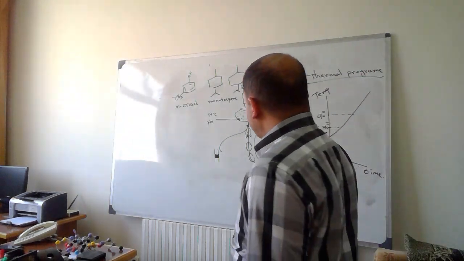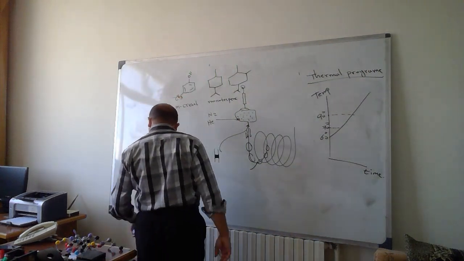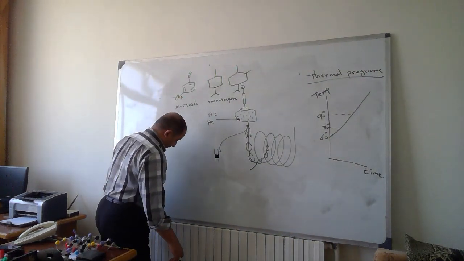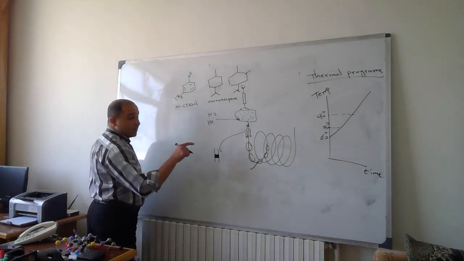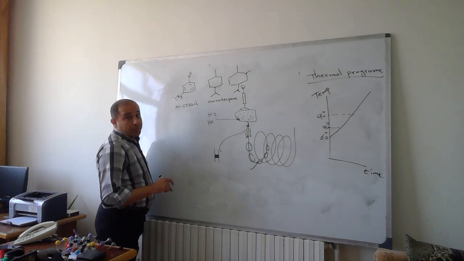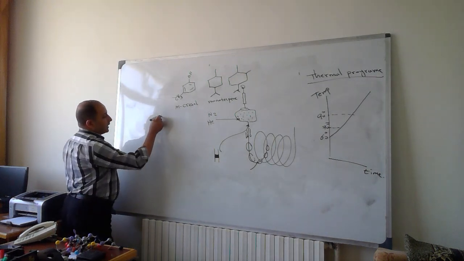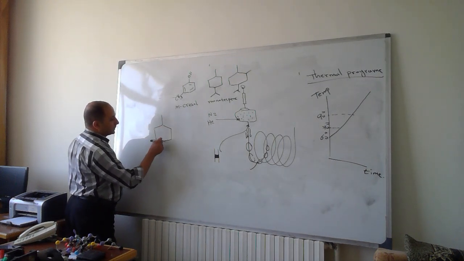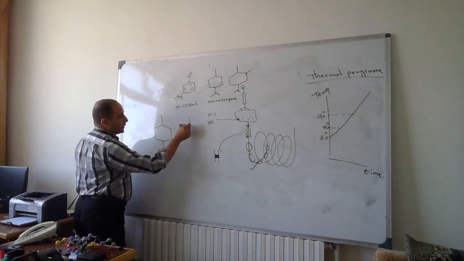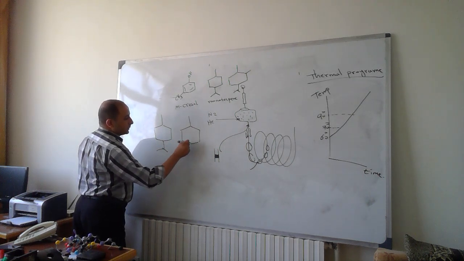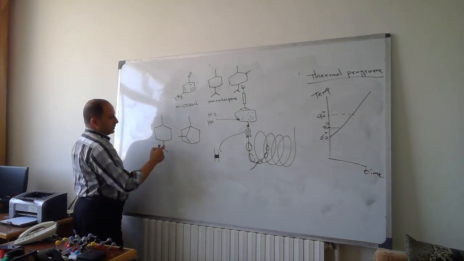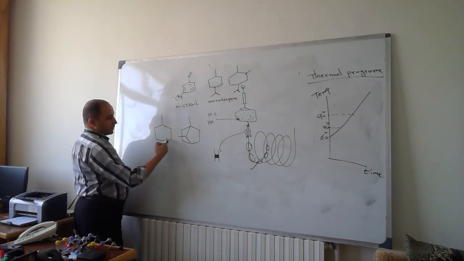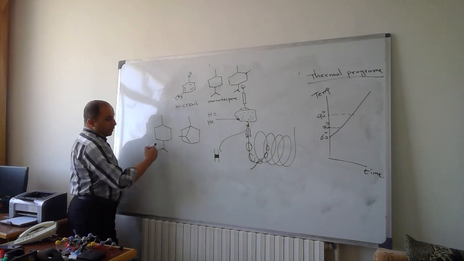And also, if we have two compounds very similar in terms of volatility and in terms of log P value, like this compound with this compound. Okay. Now this compound is similar to this compound.